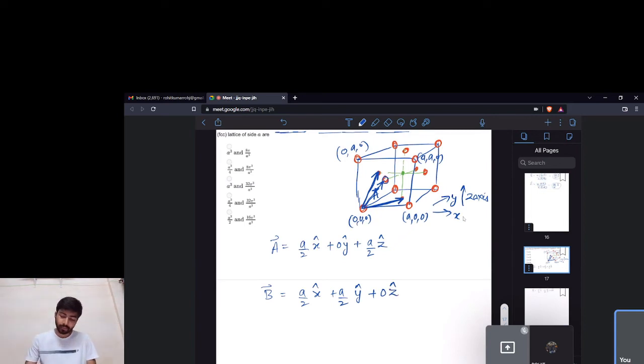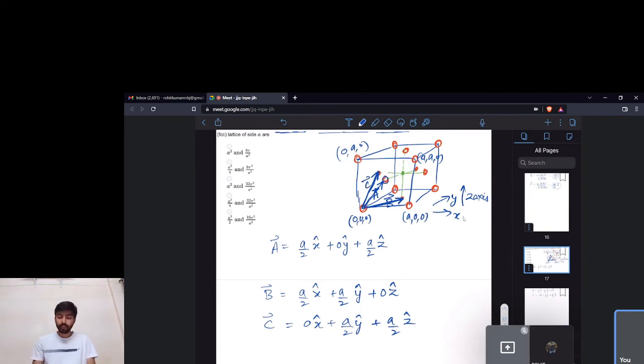It is in the x and y, that is, this is B. C as 0 x cap plus A by 2 y cap plus A by 2 z cap, and this will be C.